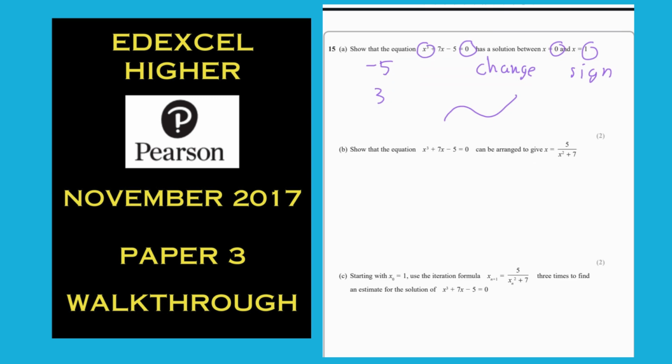Great practice. Part B. So notice there's no square root, cube root, or any nonsense like that. So I'm going to add 5 to both sides. I'm going to subtract. No, I'm not. I've just looked at the answer. Sorry, folks.